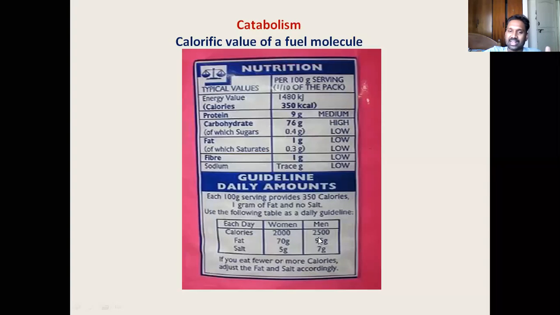It can be much lower than this, what I am showing. If you eat very highly packed food, such a calorific requirement is there, but generally it is much lower than this, about 1500 kilocalories per day usually for men and women. That's the energy requirement of our body, only 1500 kilocalories per day.